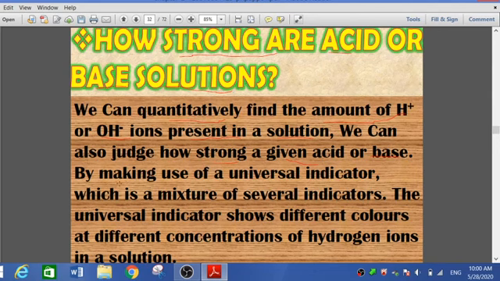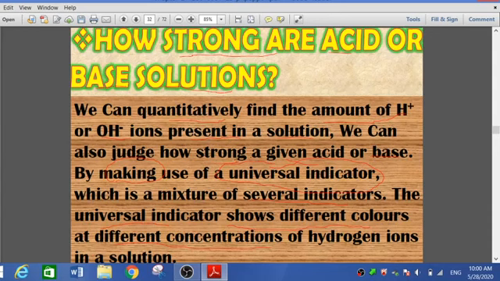Another thing is by mixing universal indicator, which is a mixture of several indicators. The universal indicator shows different colors at different concentrations of hydrogen ion in solution, telling how strong acid and base solutions are. So the first step is the amount of H plus or OH minus ion present in solution.